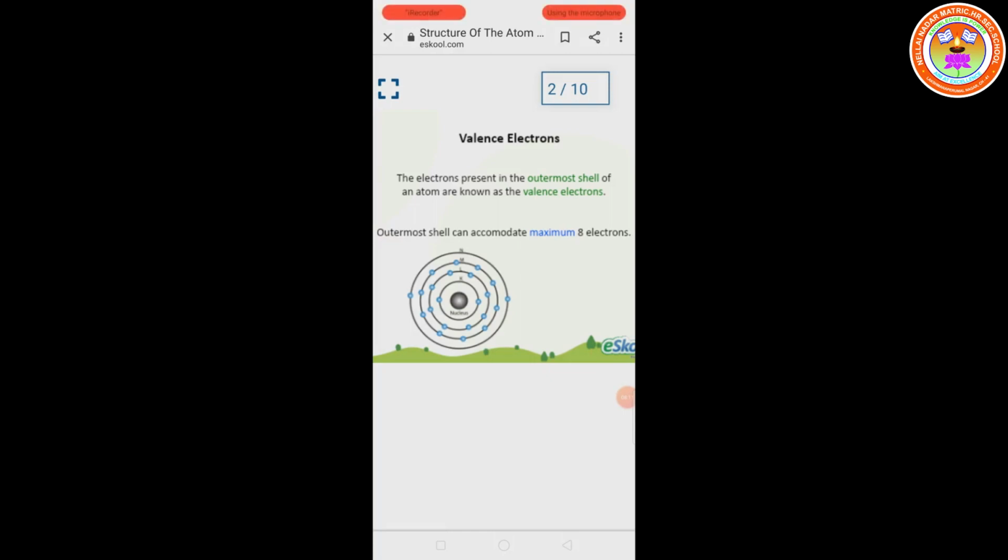These electrons are filled by the 2n square formula. In higher classes, we will discuss in detail how to fill each and every orbit by the 2n square formula. The outermost shell can accommodate a maximum of 8 electrons.